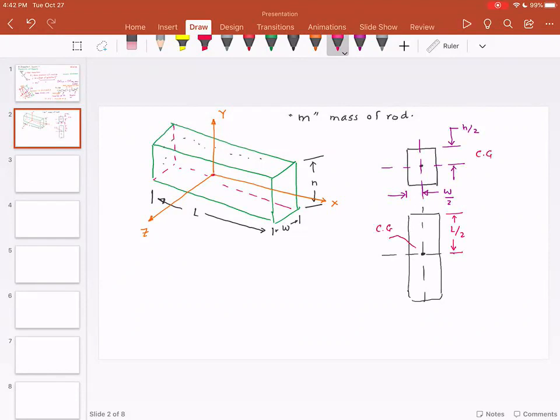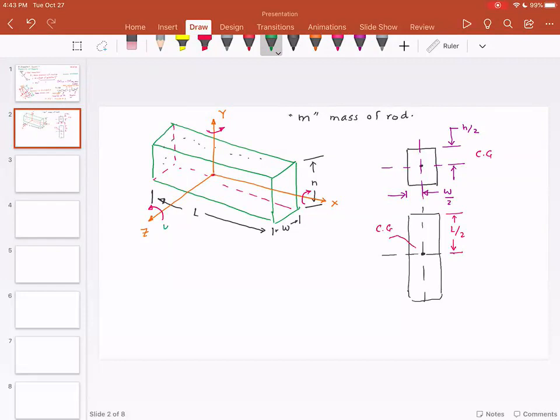Now I want you to assume rotations about Z. Assume that this rod could rotate around Z, it could potentially rotate about Y, and it could potentially rotate about X. Let's try to understand the concept of kinetic energy.